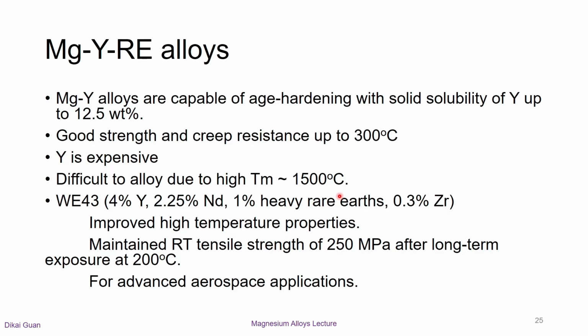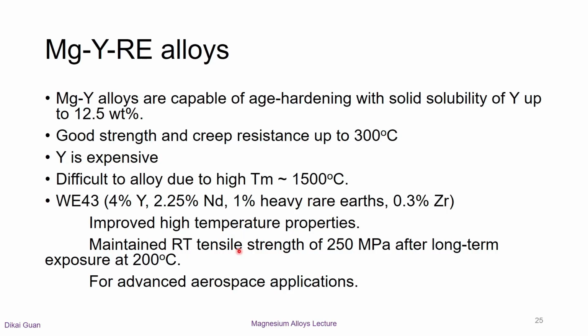WE43 can maintain room temperature tensile strength of 250 MPa after long-term exposure at 200 Celsius degrees. It should be noted that yttrium is expensive and difficult to melt as a pure element.